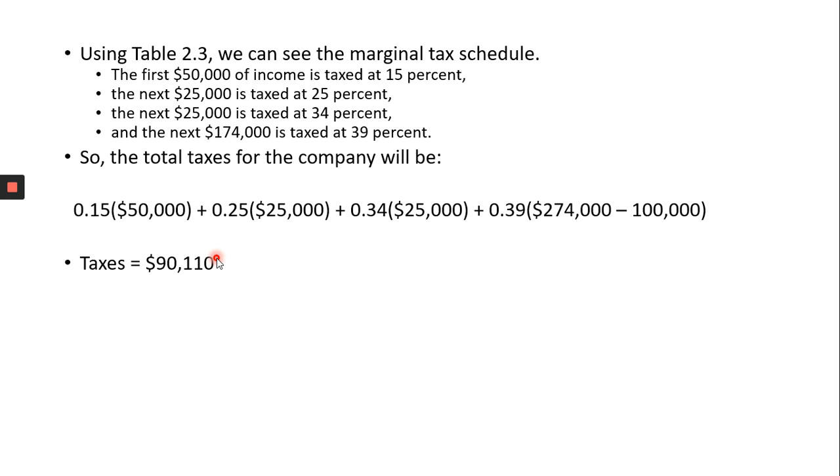Now, because here we paid different tax rates on different portions of income, 15% on some, then 25%, 34%, and lastly 39%, if you want to know the average tax rate, all you need to do is divide the total tax by the total taxable income.